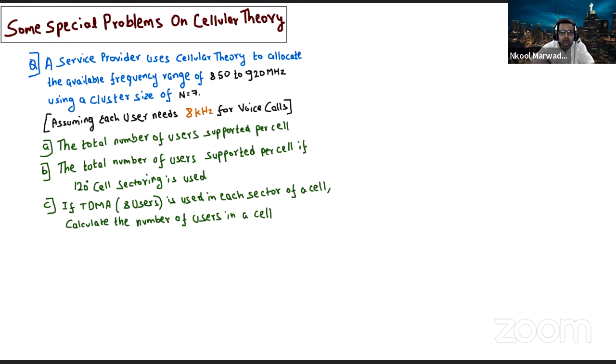So first, part A, the total number of users supported per cell. First, let us calculate that. So for that, see, total number of users supported per cell. So first we have to calculate the range of frequencies available to the cell. So the first step will be to get the total bandwidth of the system.